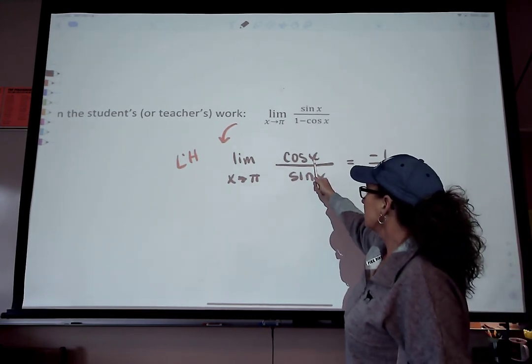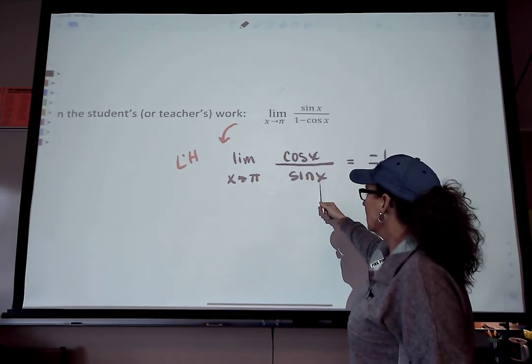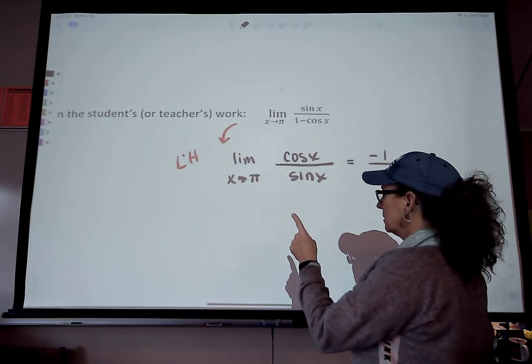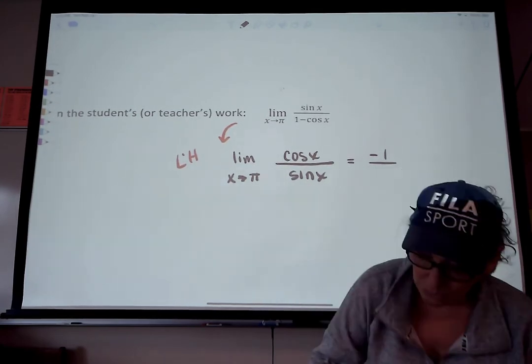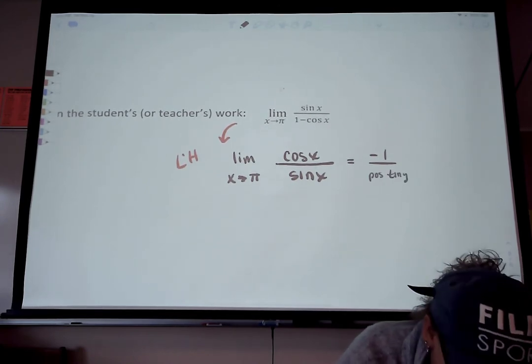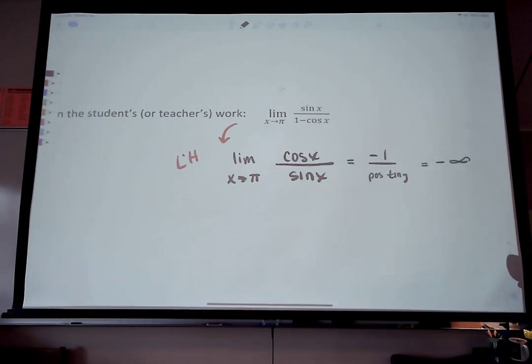So that's getting close to -1, and that's getting close to sine of pi. Well, it's a positive tiny. So maybe I could say that the answer to that is negative infinity.